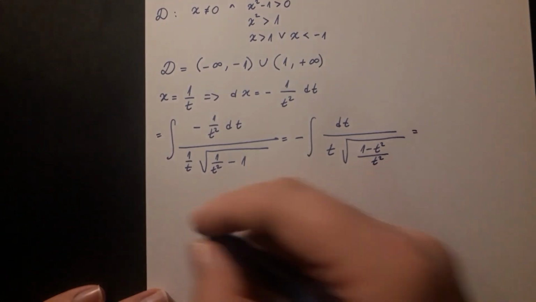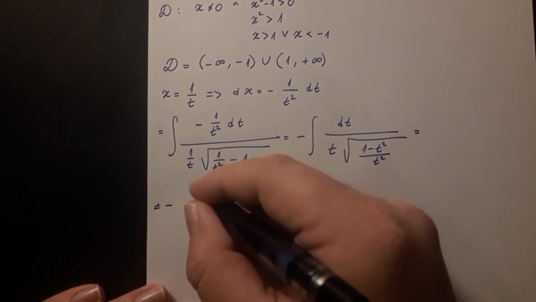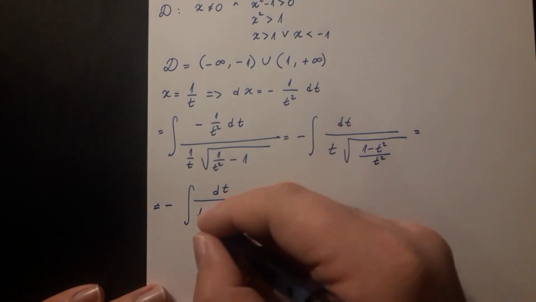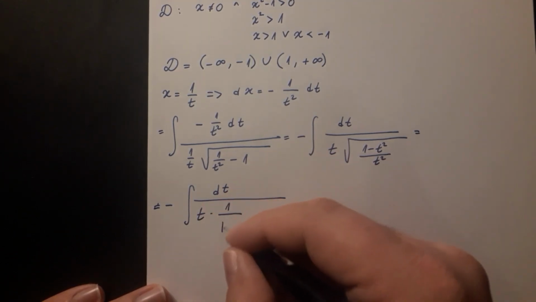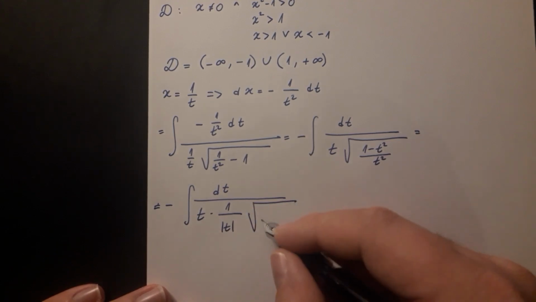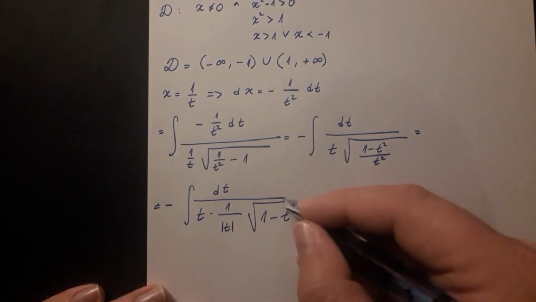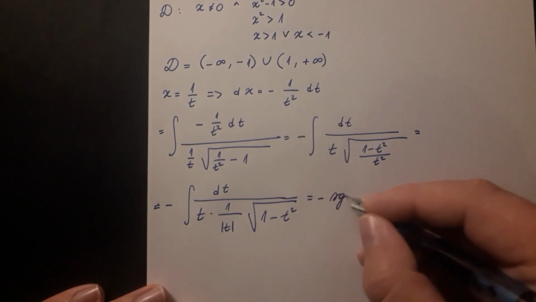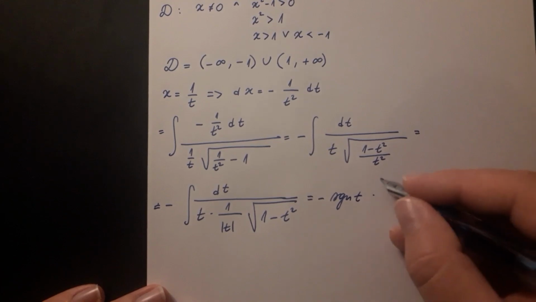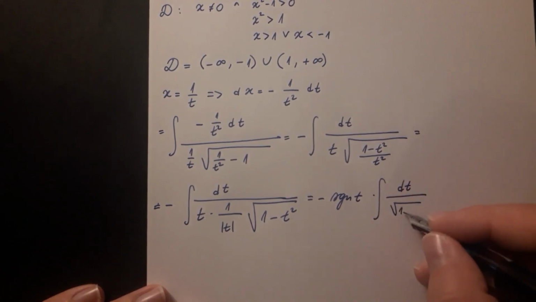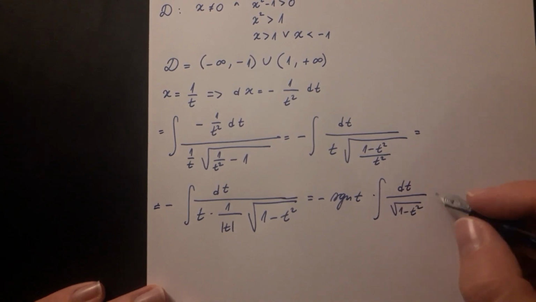This is then equal to a negative integral of dt divided by t times 1 divided by the absolute value of t times the square root of 1 minus t squared, which is then equal to negative signum of t times the integral of dt divided by the square root of 1 minus t squared.